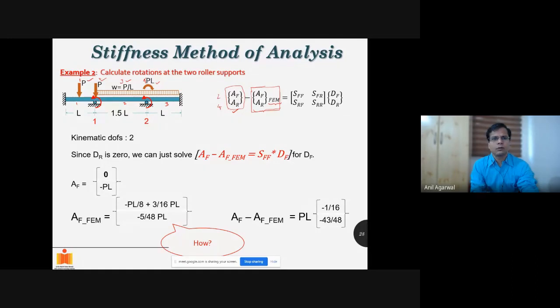2 and 4. However, 1 and 3 are distributed forces in a way, right? So for this, we have developed a device wherein we take the negative effect of these forces, and that is called AF-FEM, or AFEM. Just combine the two, AF and AR, and that you call AFEM.